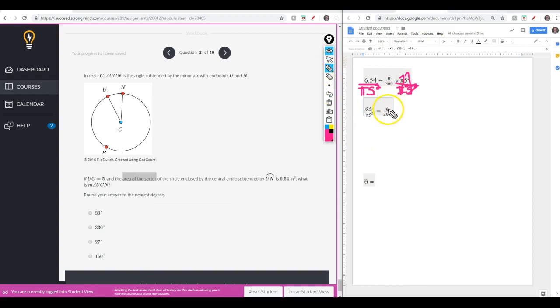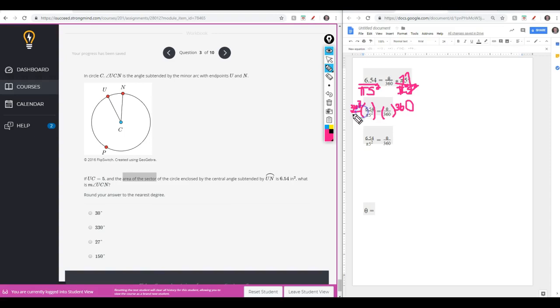Now theta is being divided by 360, so we're going to multiply both sides by 360. If you're remembering how we multiply fractions, we multiply numerators to numerators and denominators to denominators. You might be asking, well, there isn't a denominator to 360, and there is.